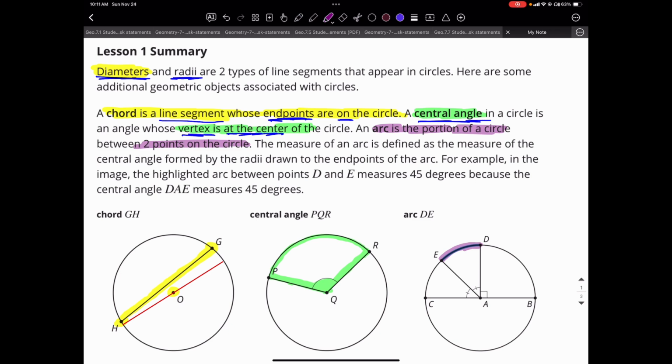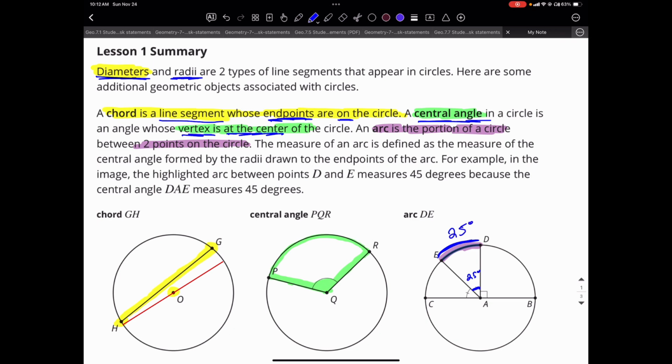And that's a long, complicated definition, basically meaning this arc length is relative to this angle measure, right? So if this angle measure is, let's say, 25 degrees, then this arc length would be 25 degrees, okay?